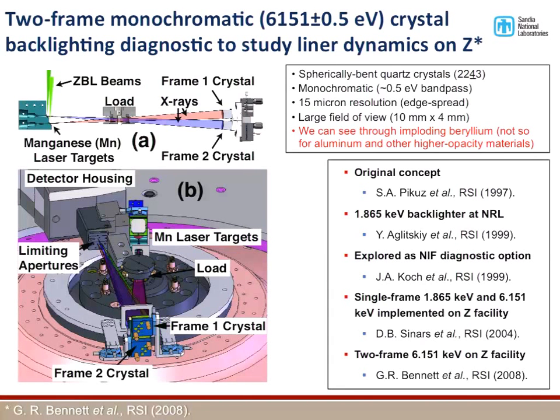The laser comes in off-axis, hits some manganese targets, which produce X-rays that get projected through the load, through the imploding liner, collected by some crystal optics. Those then select a particular wavelength to reflect and image through some limiting apertures and onto a detector. And that selects 6.151 keV photons for the imaging, for the radiography.